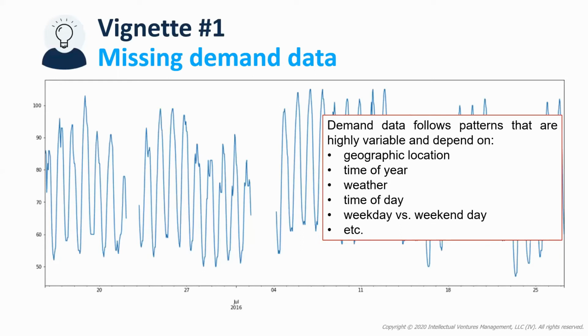So all of these different things can influence the amount of electricity that is used. For example, when it's hot weather, people might be turning on more air conditioners, etc. So while we have a lot of data, the data that is most useful in terms of predicting values of missing data is really the data that is directly adjacent to the missing data section.